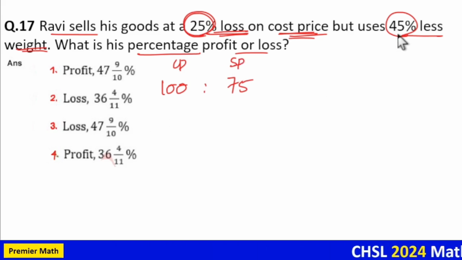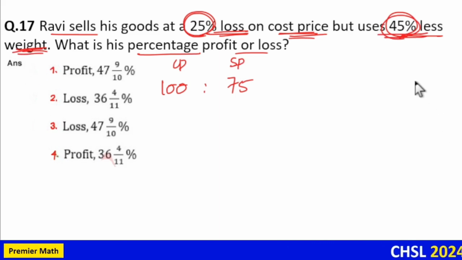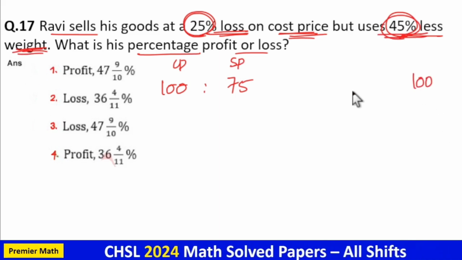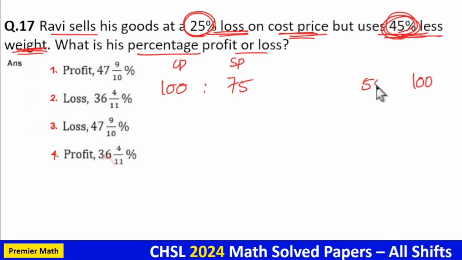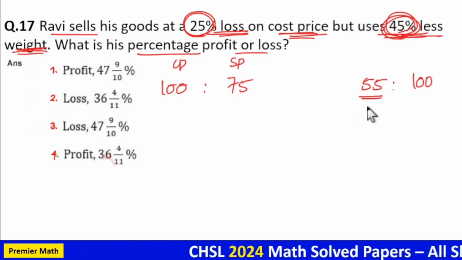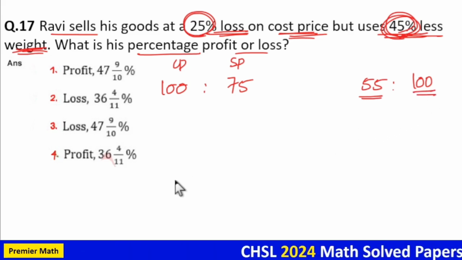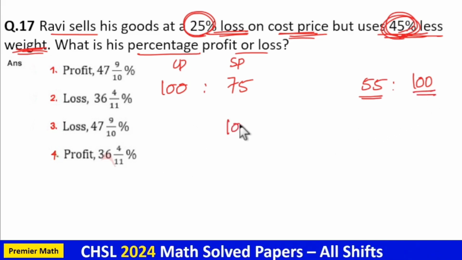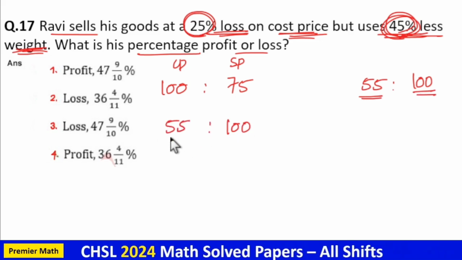Now, to gain profit, he uses 45% less weight, which means when the customer asks for 100 kg, he gives 45% less weight. That is, he only gives 55 kilograms. The customer will pay for 100 kilograms cost, but he only gives 55 kilograms.